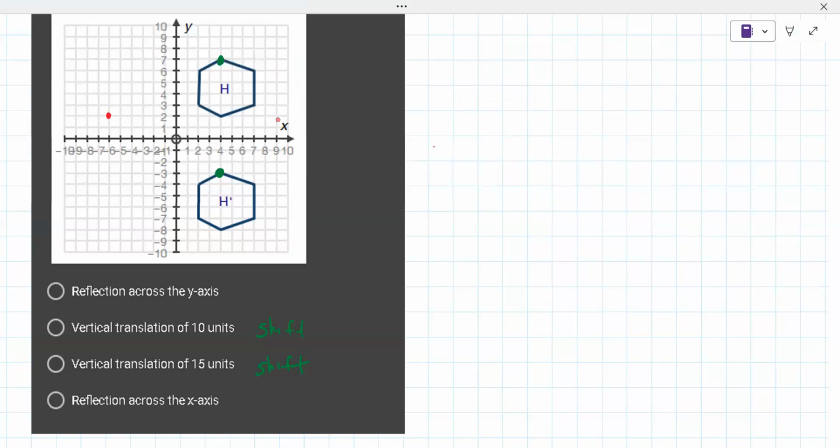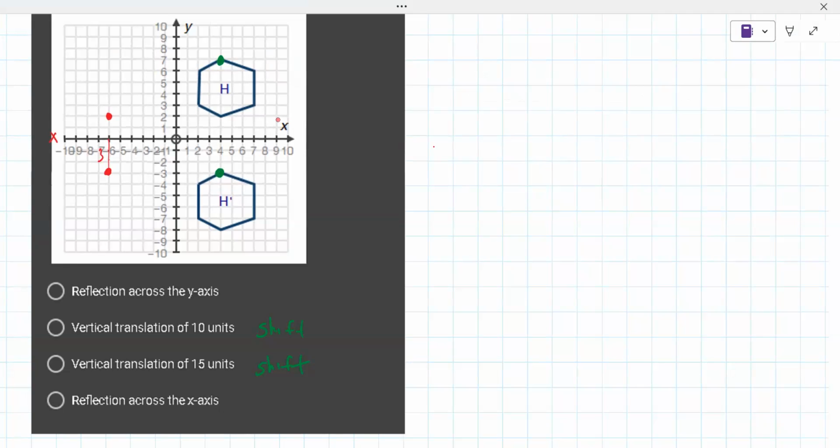So I'm going to come over here. When I put this point right there in red, how many units above the x-axis is it? 2. So the point over here, is it 2 units below? It's 3.